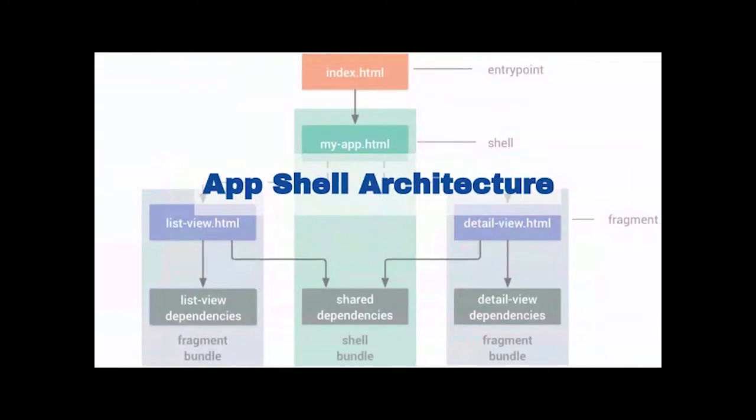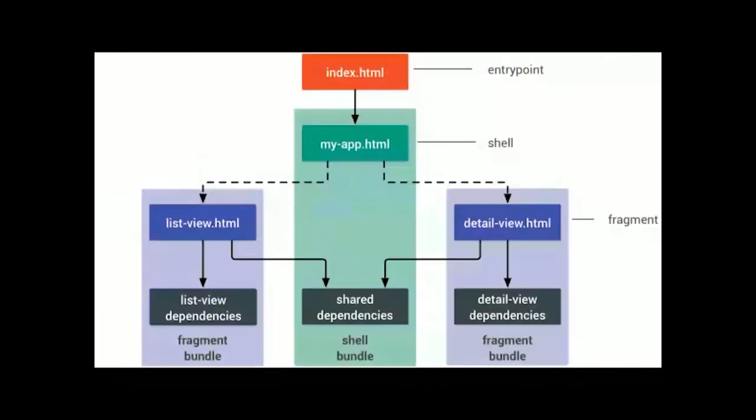The Polymer team has this app shell architecture diagram. What they're basically showing is you have your index page, so the user comes to the main page, and in there you have your my-app shell, which is your main container Polymer component. That loads and shows the initial page, and when that loads, it also loads in these additional fragments.